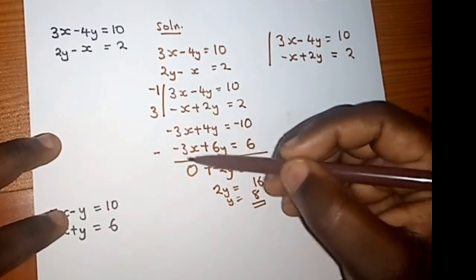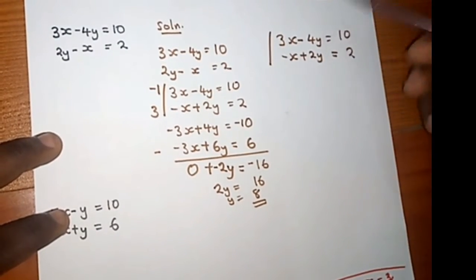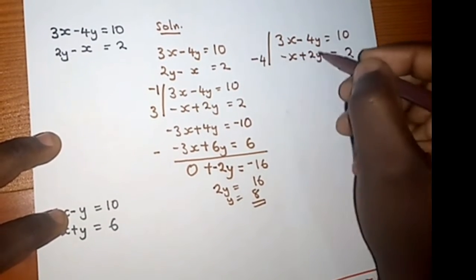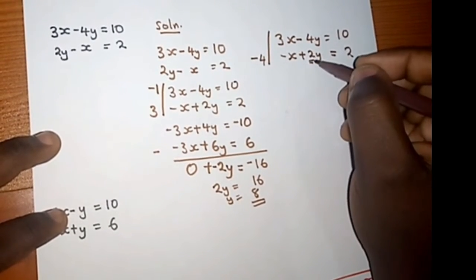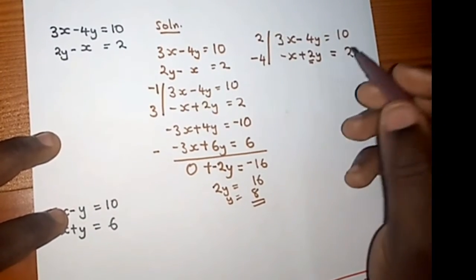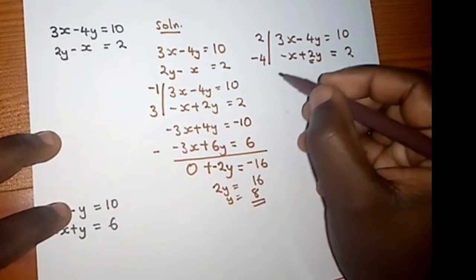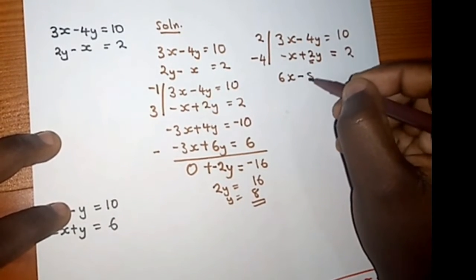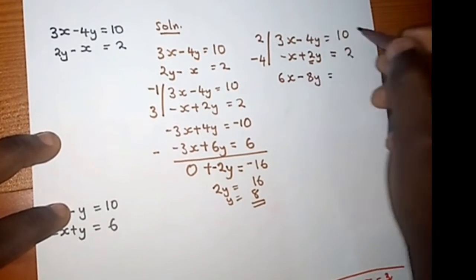Here I eliminated the x before, so now I want to eliminate the y. I write the coefficient of y in the first equation, which is negative 4, and the coefficient of y in the second equation, which is positive 2, and I multiply by those equations. So 2 times 3, I get 6x, minus 2 times 4, I get 8y, equals 2 times 10, I get 20.